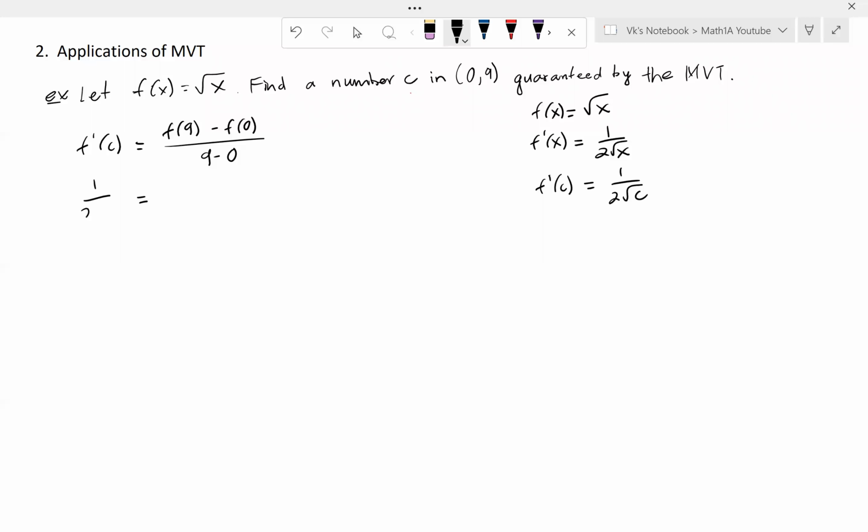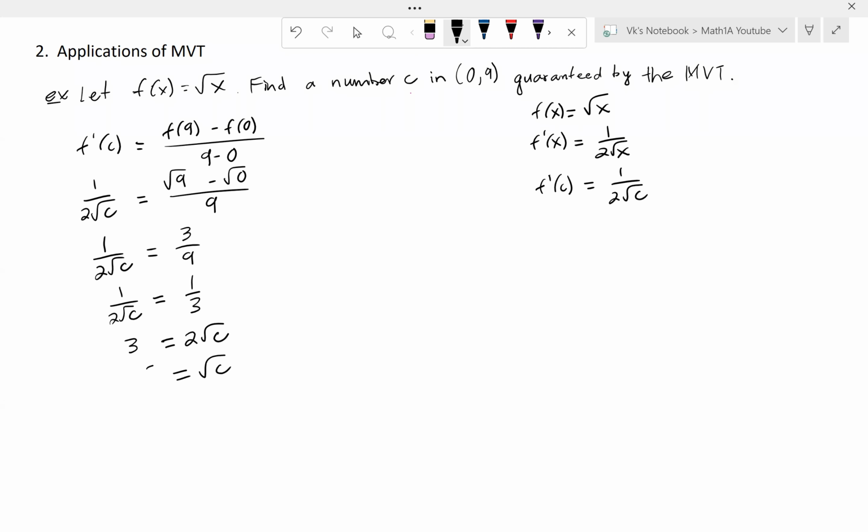So 1 over 2 root c equals root 9 minus root 0 over 9, which is 3 over 9. So 1 over 2 root c equals 1 over 3, and 3 equals 2 root c.